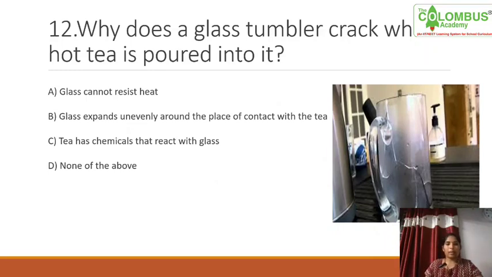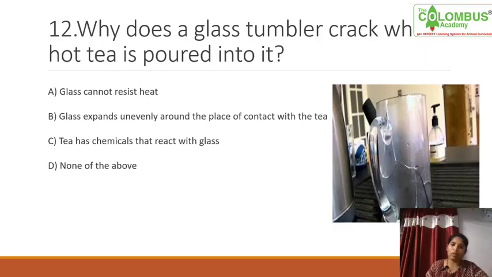Next, why does a glass tumbler crack when hot tea is poured into it? Have you observed that if hot tea is poured into a glass tumbler, it may crack? What is the reason? Glass cannot resist heat? Glass expands unevenly around the place of contact with the tea? Tea has chemicals that react with the glass?